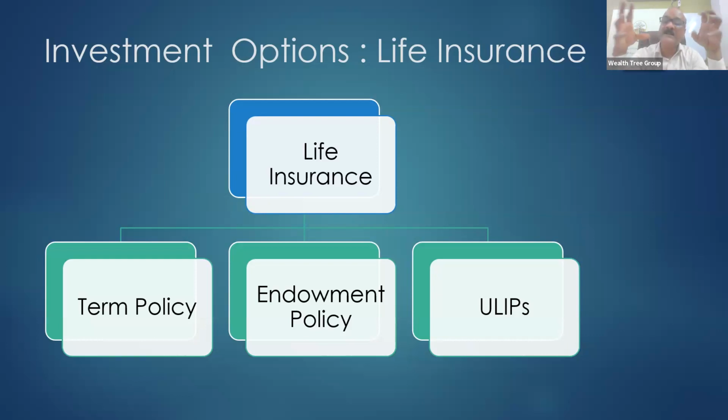So there are some policies which are child plans, which come under the endowment section, where if you pay for 2 years and afterwards something happens to you, the company is going to take care of your child for a lifetime. Whatever period you entered into that policy, they are going to pay all the amounts they promised, even though you are not there and you ended up paying only 2-3 installments.